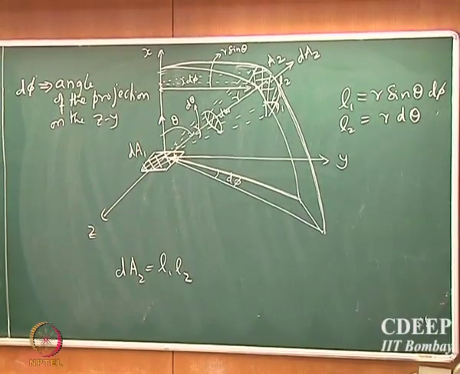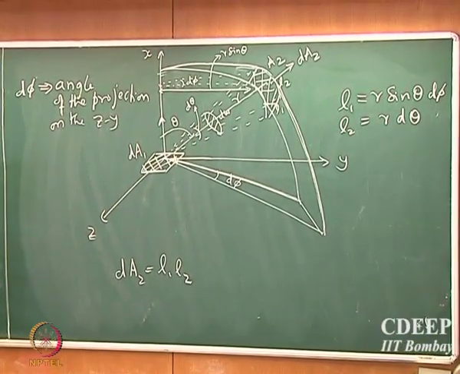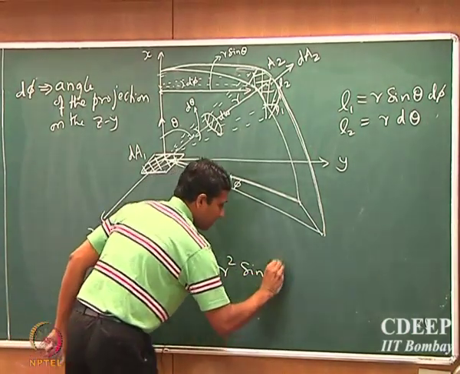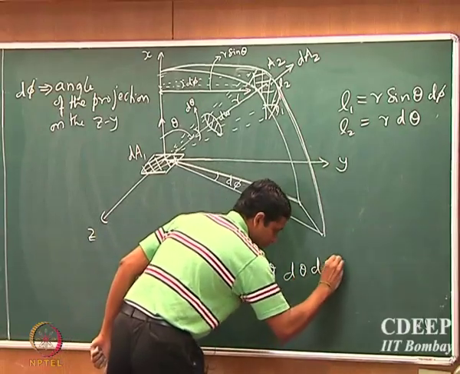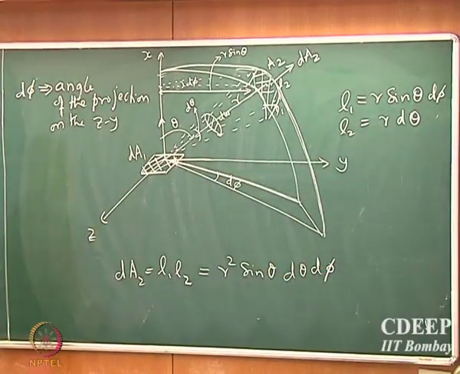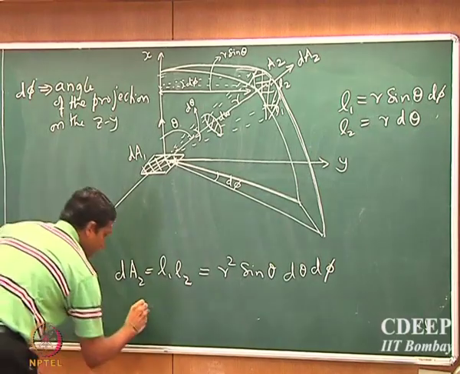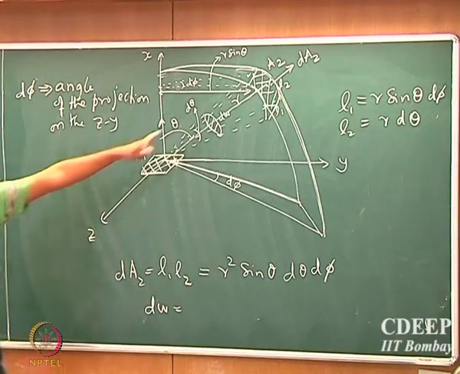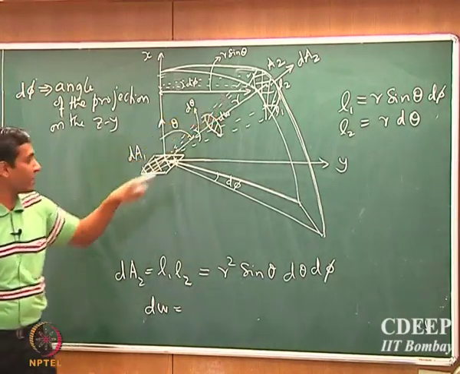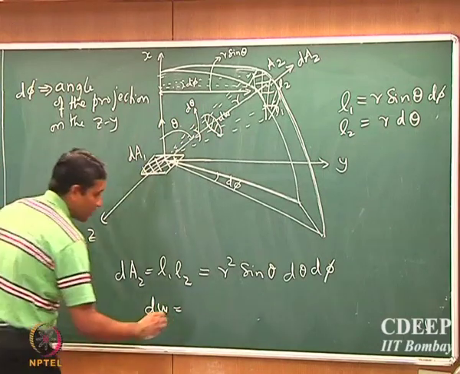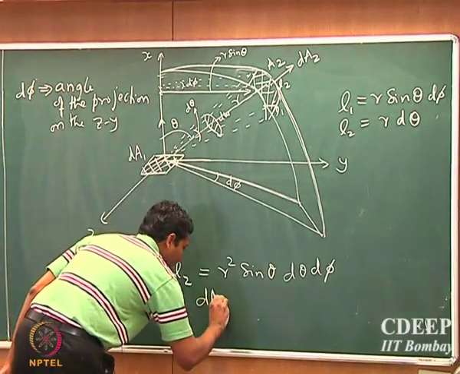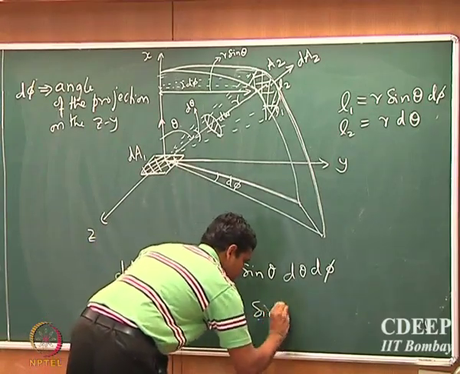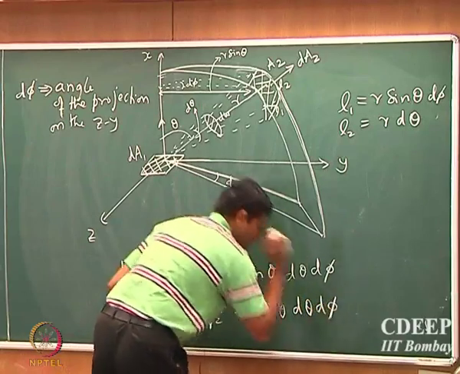So the length of the arc L2 is r d theta, and therefore the area is given by r square sin theta d theta d phi. Okay. So from here I can read out that d omega, which is the solid angle subtended by that differential surface on dA1, is given by dA2 by r square, which is sin theta d theta d phi.